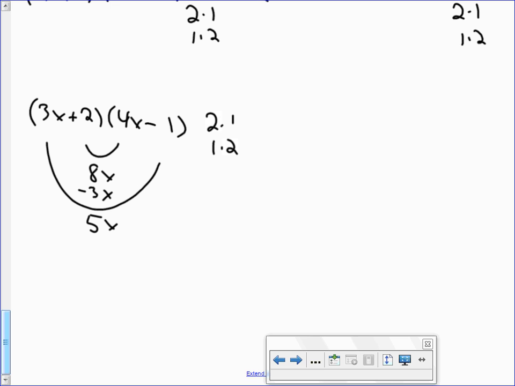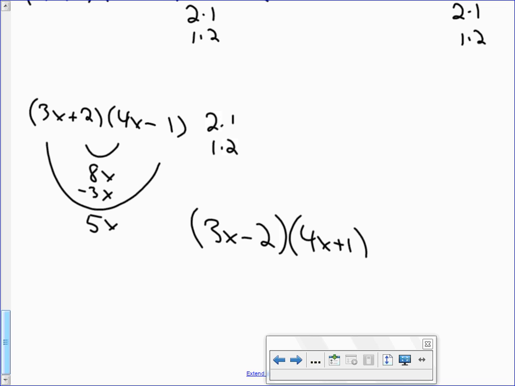So this is one more time for me to drive the point home. It's the right number, but it is the wrong sign. So don't go up here and switch the numbers. Go up there and switch the signs, and that will work for you. So your correct answer is going to be 3x minus 2 and 4x plus 1. Okay?